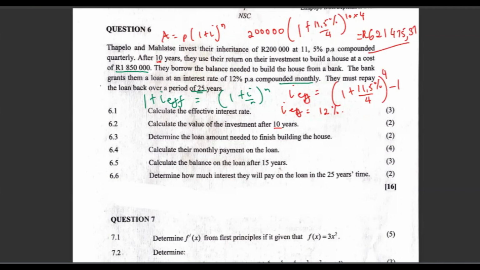Then determine the loan amount that they will need to finish the house. They build a house at a cost of this much, 1,815,000.